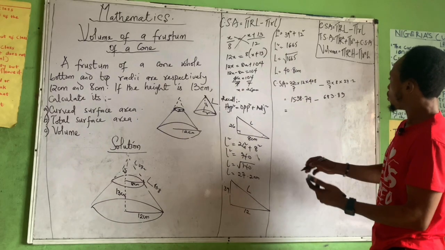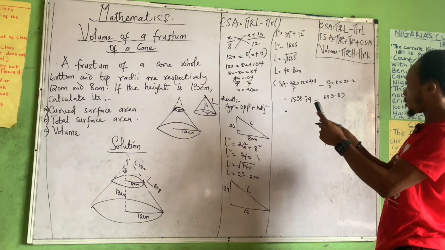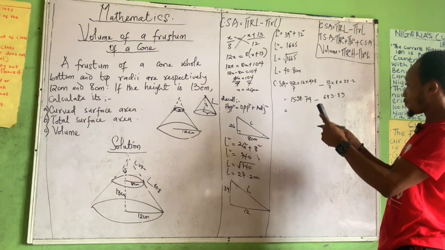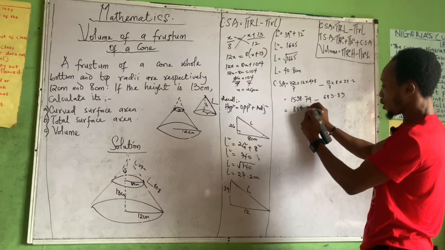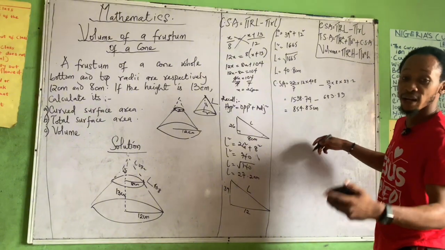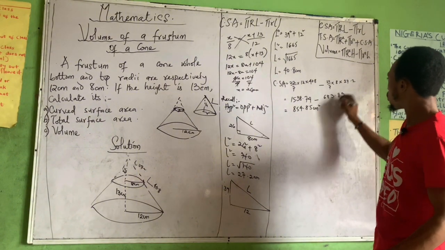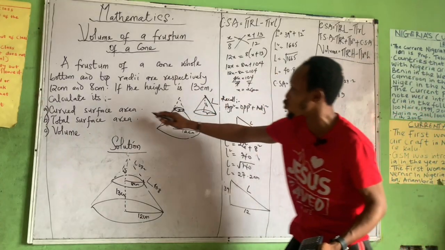So let's minus it from our answer. 1538.74 minus the answer, that will be 854.85 centimeter. Curved surface area, I told you area is always measured in square, so we have centimeter square. So that's it for the curved surface area. So we have been able to do this first one.